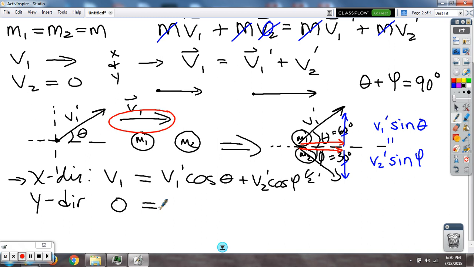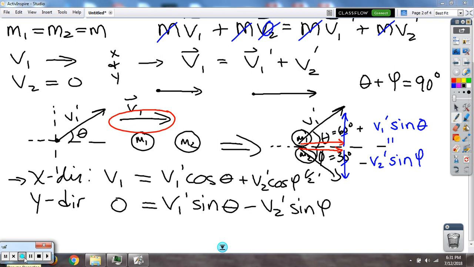And that has to equal a plus v1 prime sine of theta plus a negative v2 prime sine of phi. So that's why we can add this to both sides and essentially set them equal to each other. So you have two equations and two unknowns. You can now solve for v1 prime and v2 prime. Okay.